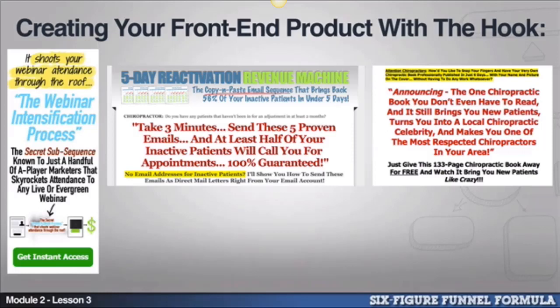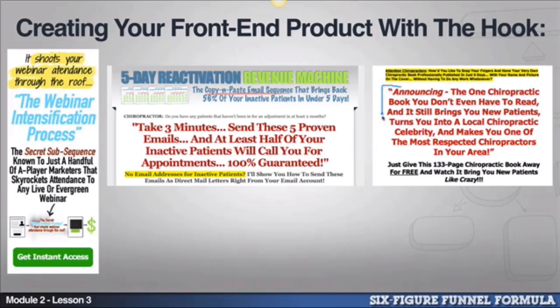It was basically a pre-done book, a physical book that they got.